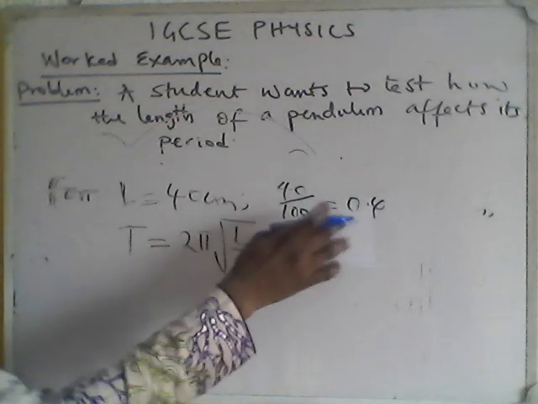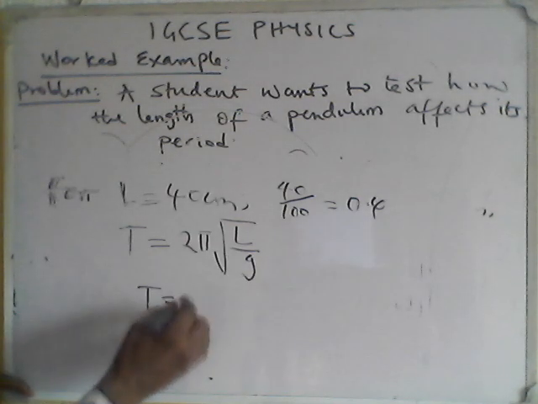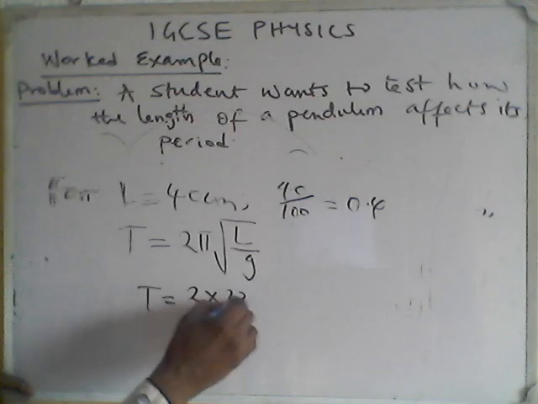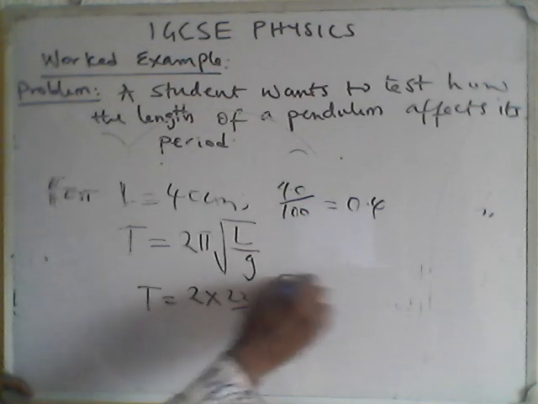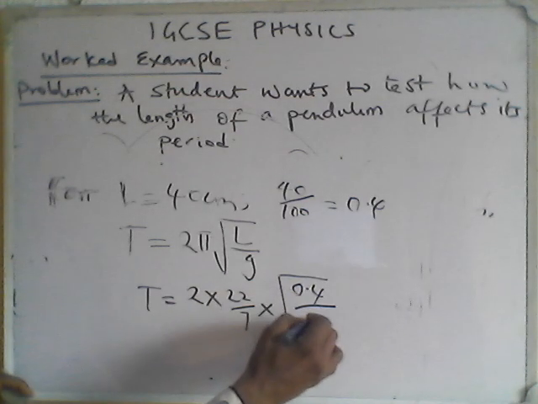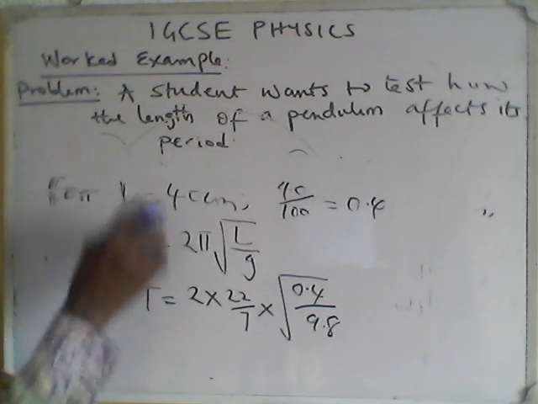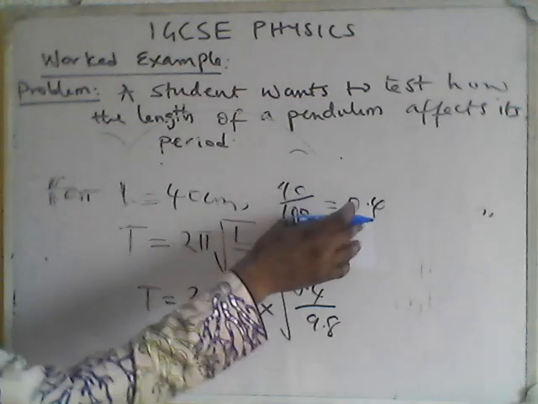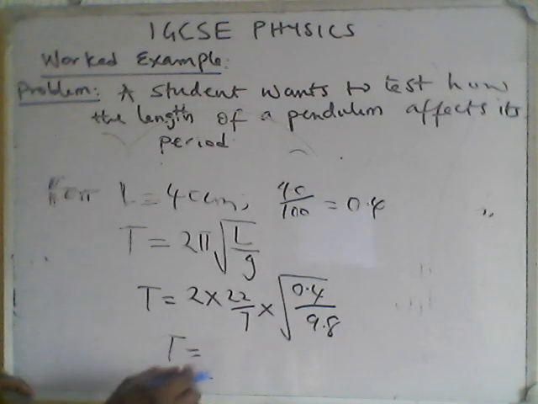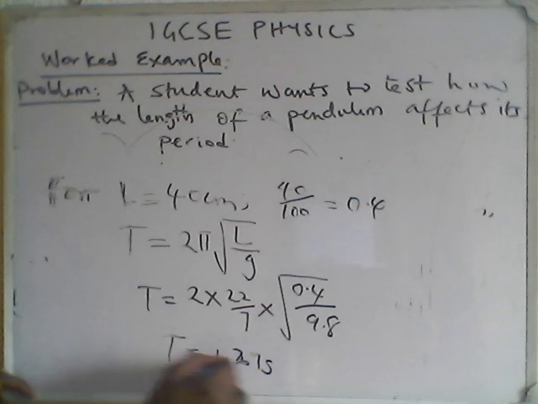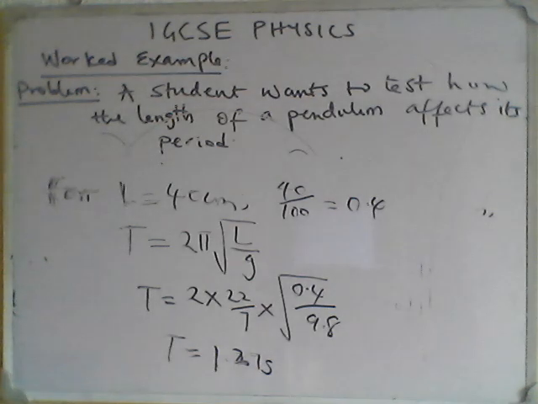So when I put this in the equation, T will be equal to 2 times 22 over 7, times the square root of L, which is 0.4, over gravity, 9.8. By the time I compute everything, when L equals 40 cm or 0.4 meters, T will be equal to 1.27 seconds. So this is how you do the math. You should have numerical mathematical strength and also analytical strength, how to analyze something. Everything comes from foundation.